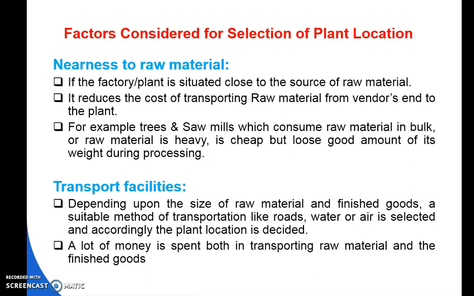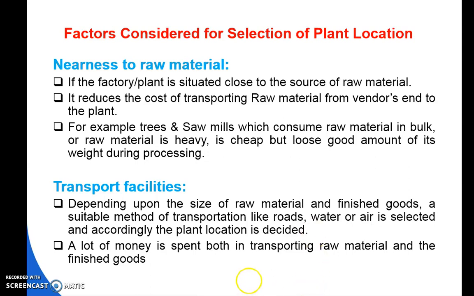For example, sawmills consume trees as raw material in bulk, which is cheap but loses a good amount of its weight during the processing period. If the raw material is very near to the industry, it will help us make the finished product in time, and customer satisfaction can be increased.